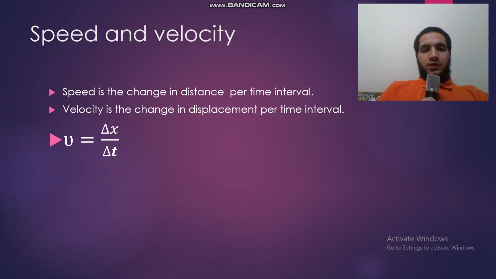The term v without an arrow on it means speed, but if we have an arrow on the v, it means velocity.